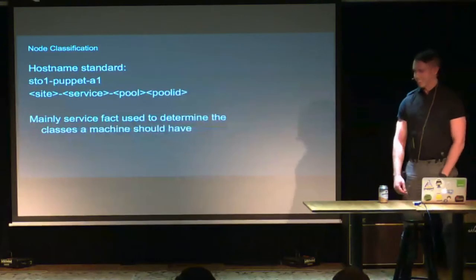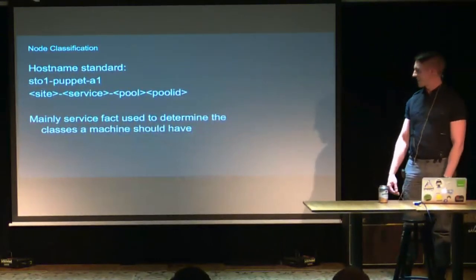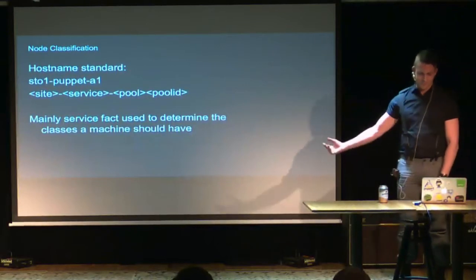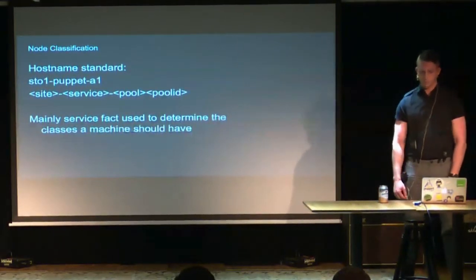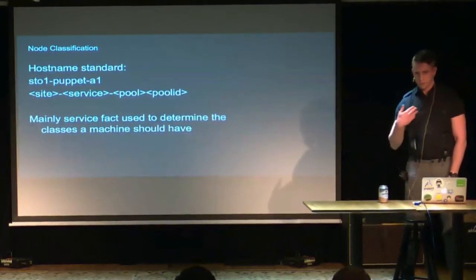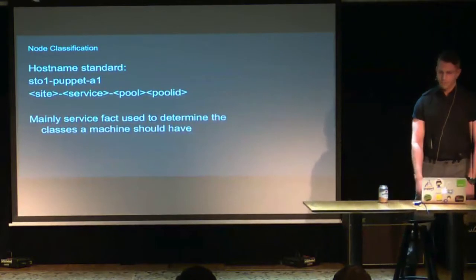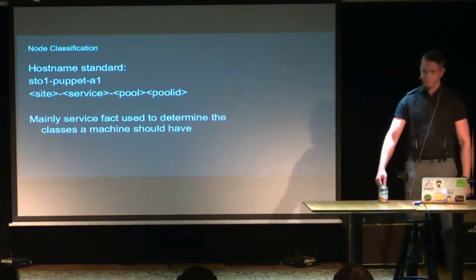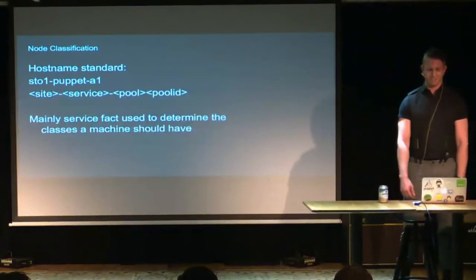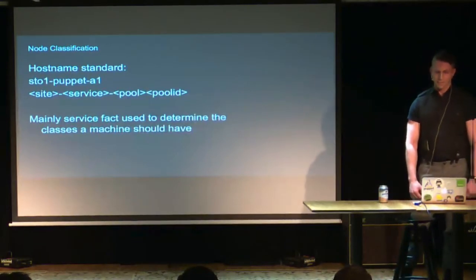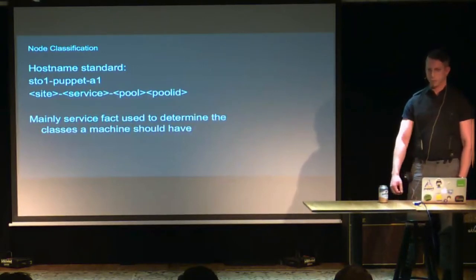But now all the servers, or all the new ones at least, have a hostname that is based on the site or their location, and then the name of the service, which is basically the role they have. So they can only have one service per node. And then it's what pool they belong in, and the ID in that pool.